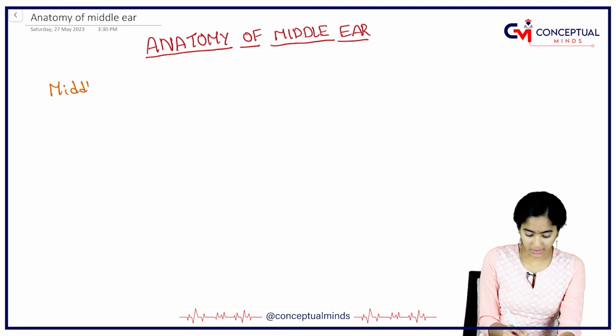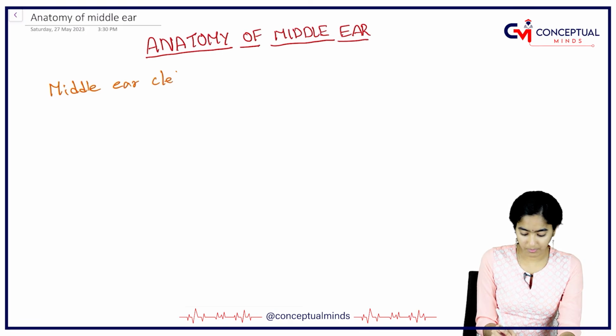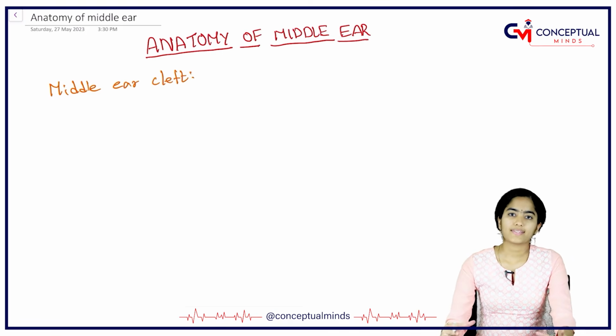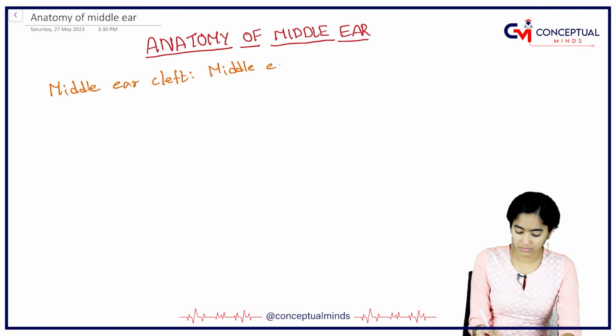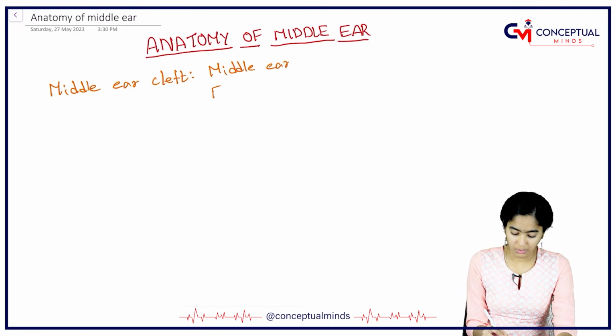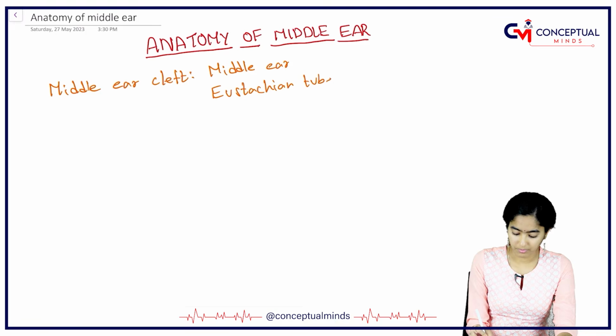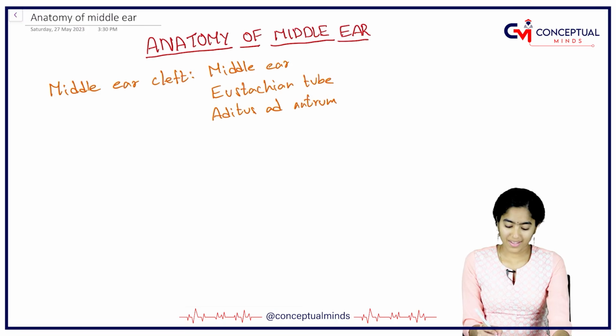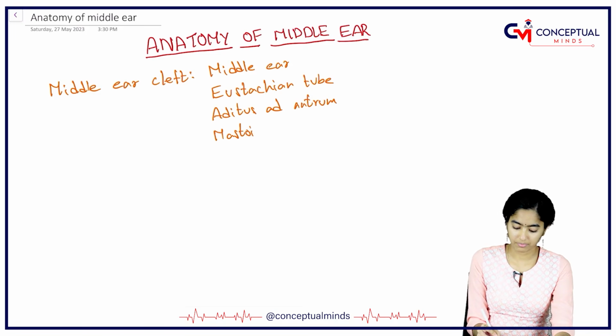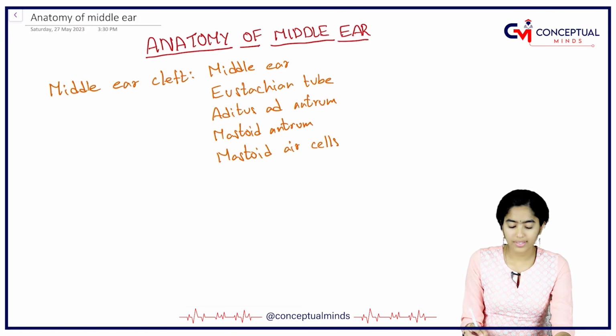Middle ear cleft means it is a comprehensive term that is used to include middle ear, eustachian tube, aditus and antrum, mastoid antrum and mastoid air cells.